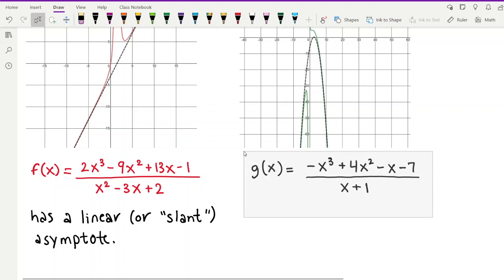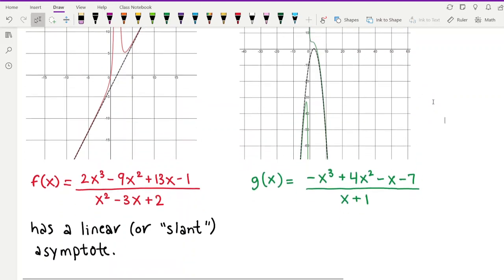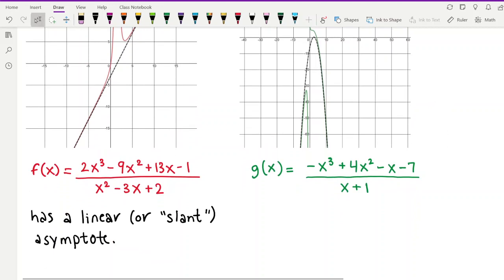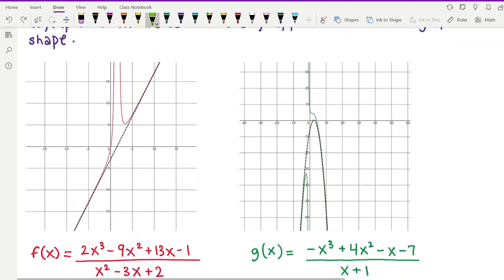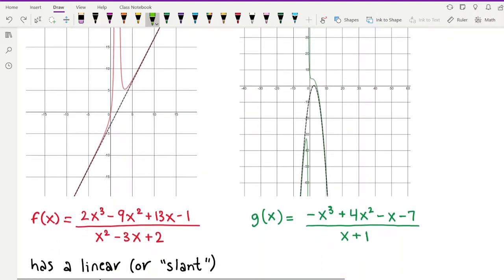Now this one, for some reason the color changed. Let me make that back to green. So this function, again, if you were to just go by the rules of our last video, you would look at the degrees and say, well, the degree of the numerator is bigger than the denominator, so we don't have a horizontal asymptote. And that's true. There is no horizontal asymptote in this graph.